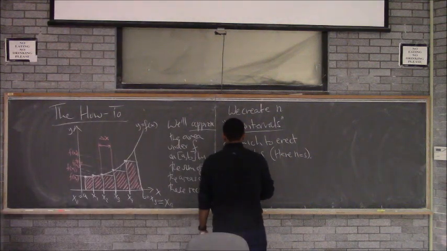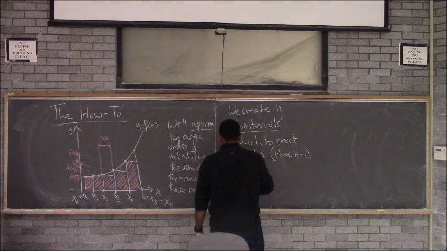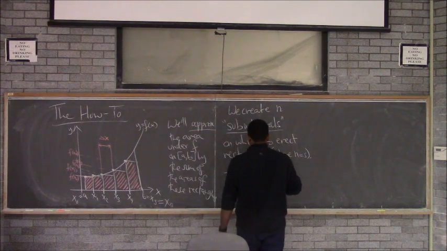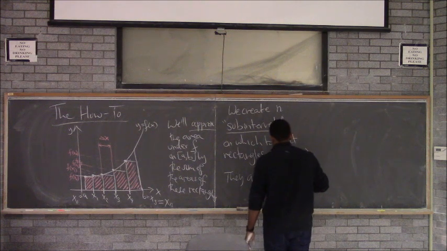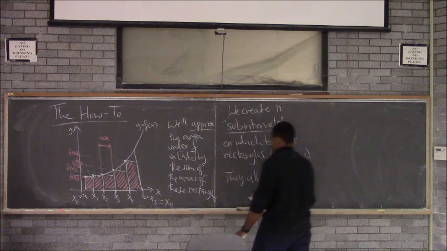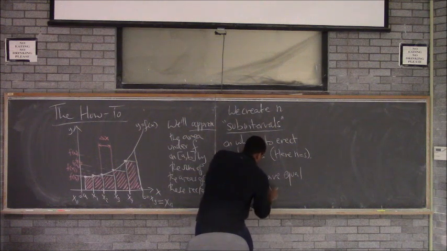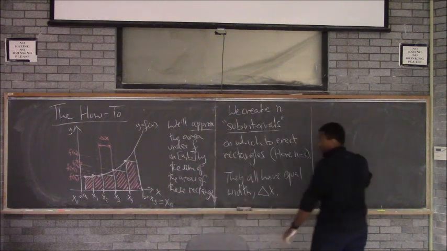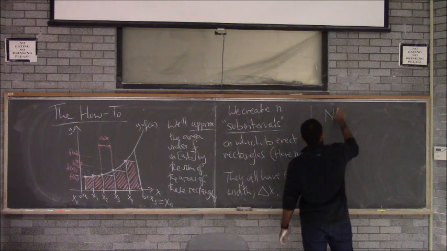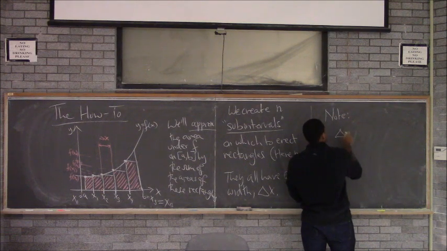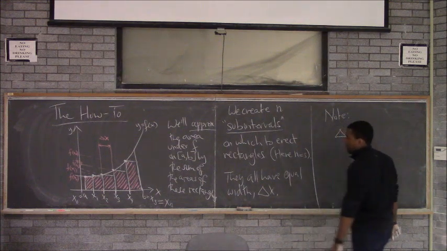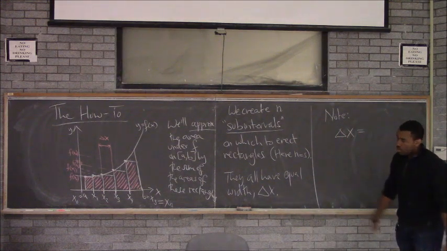They all have equal width, which we call delta x. One thing I want you to note: you can actually know what delta x is going to be if you assume that they all have equal width.